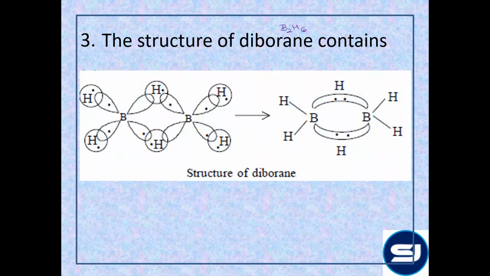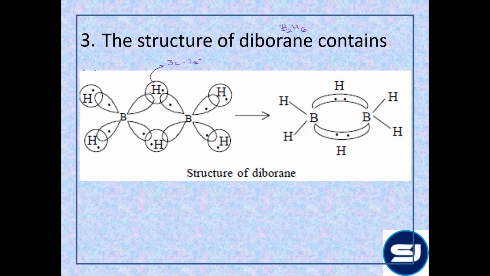Here is the structure. The two boron atoms in diborane are joined by bridge bonds. There are two bridge bonds which are actually three center two electron bonds. One of the vacant orbitals of a boron atom overlaps with the half-filled orbital of hydrogen and the half-filled orbital of the other boron atom.